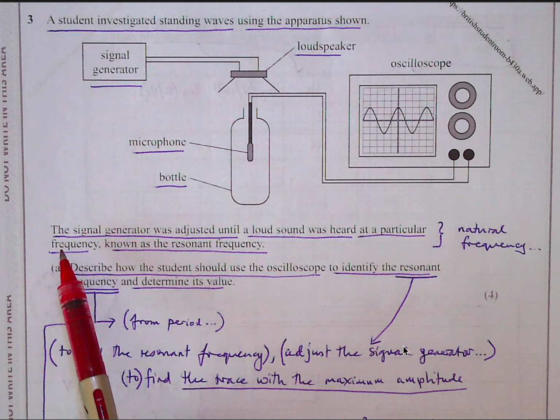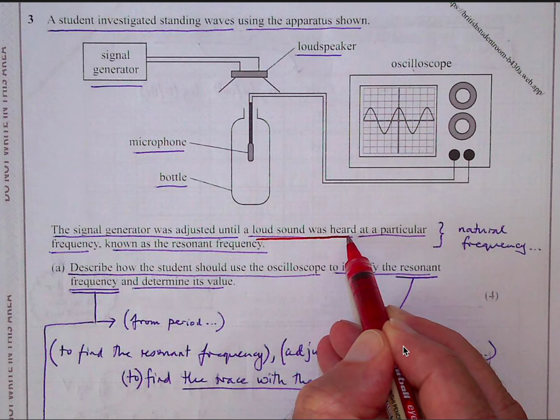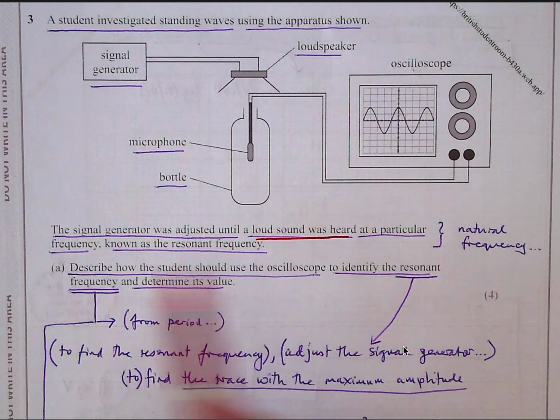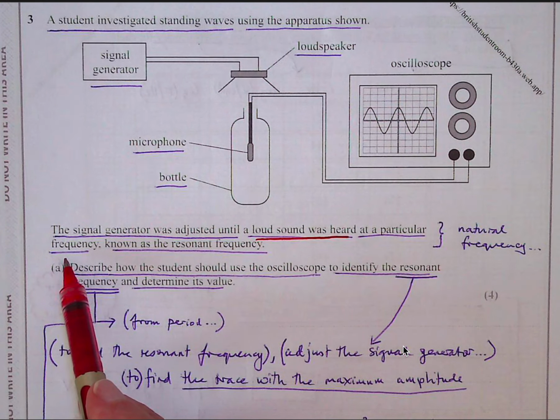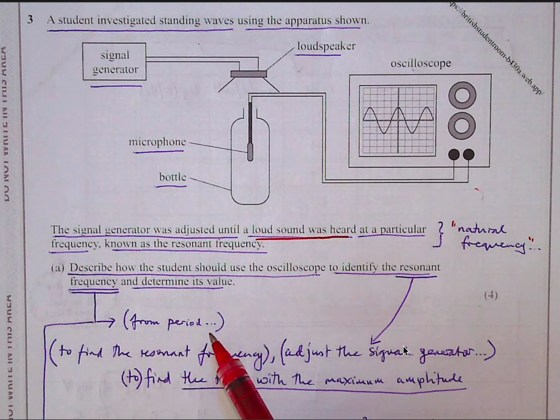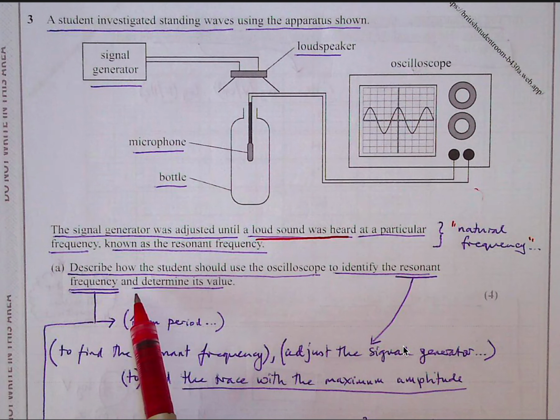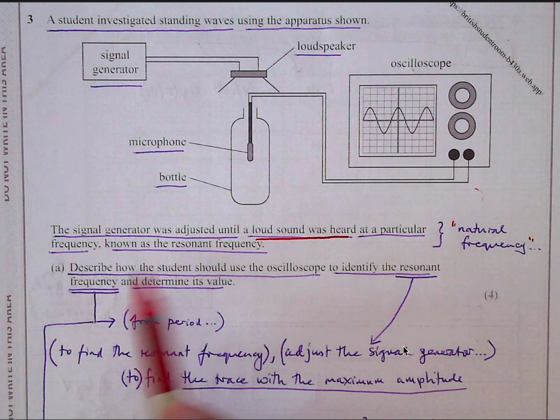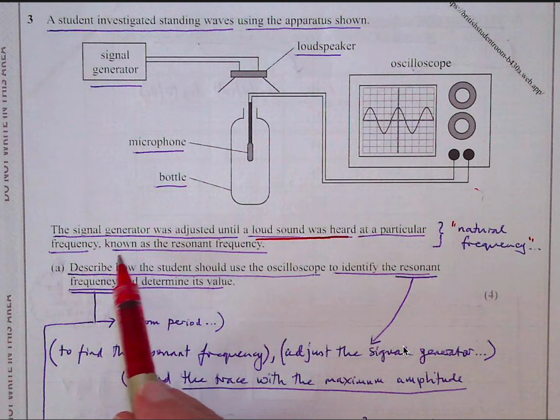The signal generator was adjusted until a loud sound was heard. A loud sound means you're going to have reached a high amplitude on your oscilloscope at a particular frequency. That's going to be one of the natural frequencies, or the natural frequency of the bottle of air. It's also called the resonant frequency.